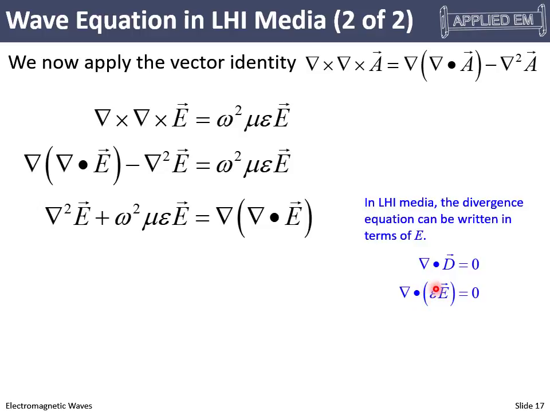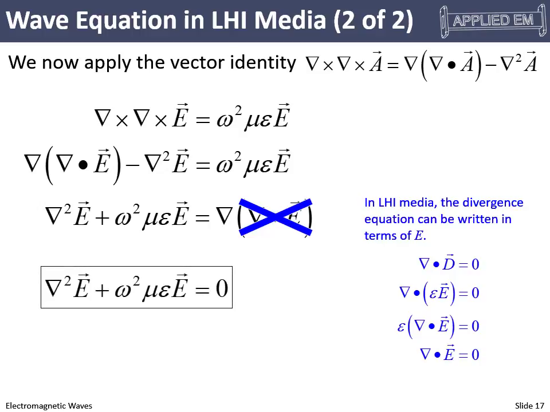That means this epsilon is not a function of position. It's just a constant. It can come to the outside of that del operator. Now we can divide both sides by epsilon, and we get that the divergence of E must be 0. Well, that means the entire right-hand side of our wave equation vanishes and becomes 0. And we arrive at the final form of our wave equation for linear, homogeneous, isotropic materials.